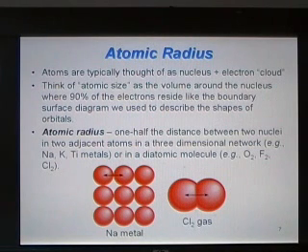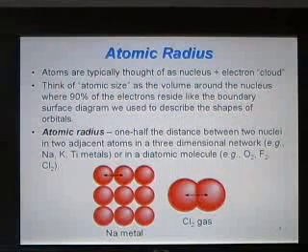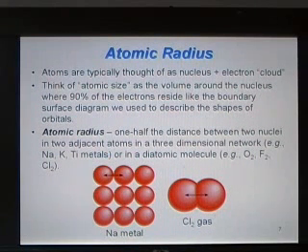Let's introduce the first of the 5 periodic trends that we will think about today. First is atomic radius. Now, when we think of atoms, we generally think of them as a nucleus with a cloud of electrons around them.